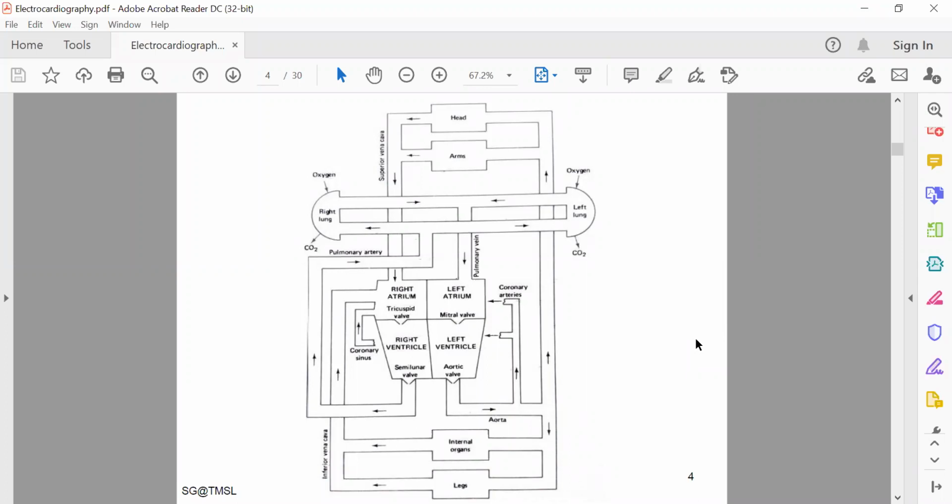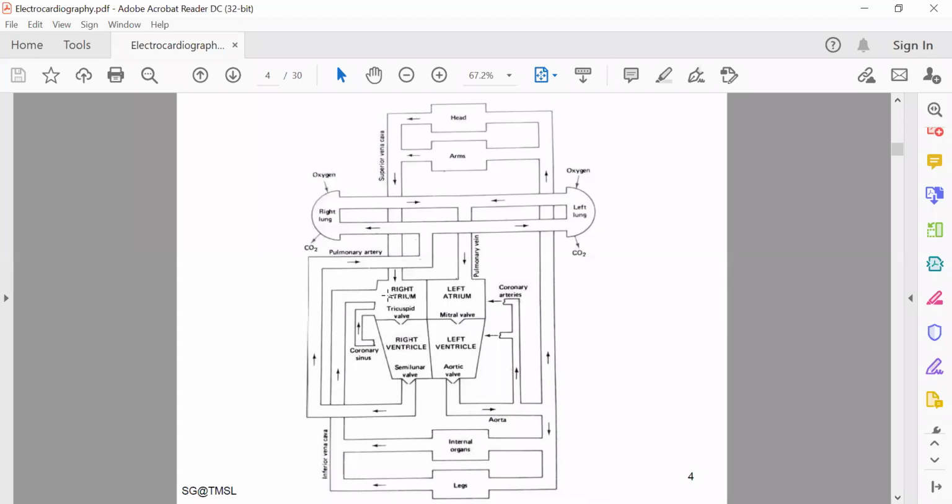Okay, so blood enters the heart on the right side through two main veins. One is the superior vena cava, which leads from the body's upper extremities, and the other is the inferior vena cava, which leads from the body's organs and extremities below the heart. The incoming blood fills the storage chamber, which is called the right atrium.